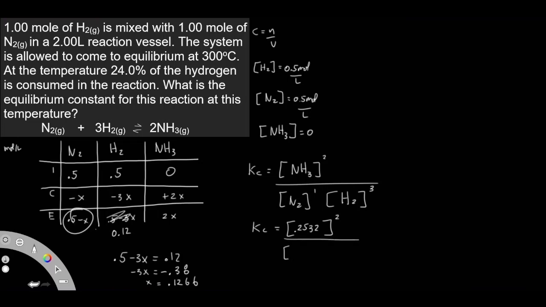It's over here. So what is 0.5 minus this x? 0.3734. Okay, that's all to the power of 1. And then for our H2, our 0.12 here, we can just leave it the way it is, and it's to the 3. Your little calculation, what do you end up getting? 99.36.